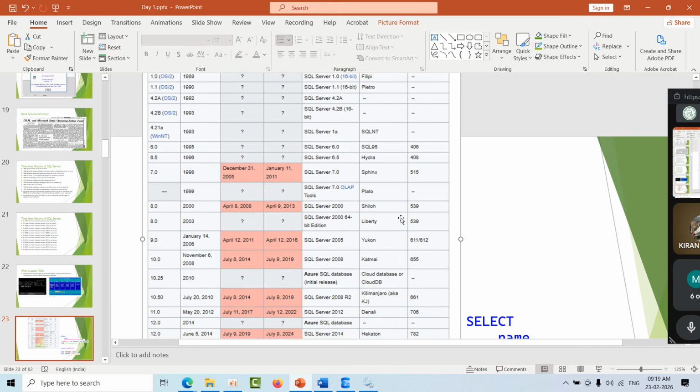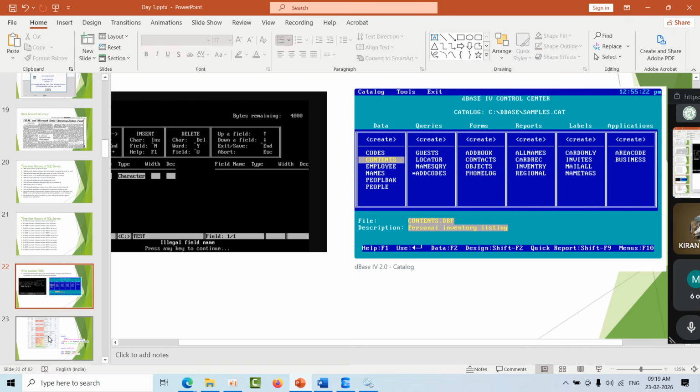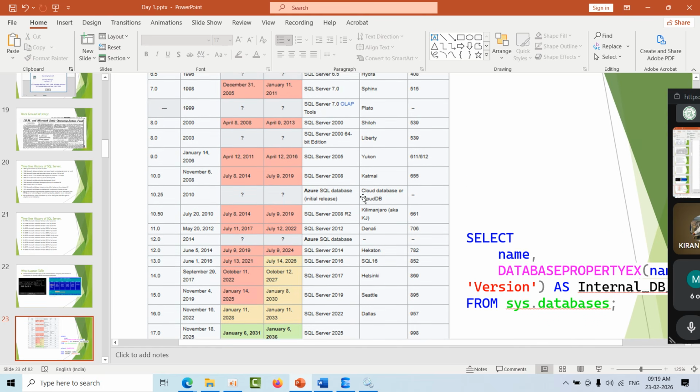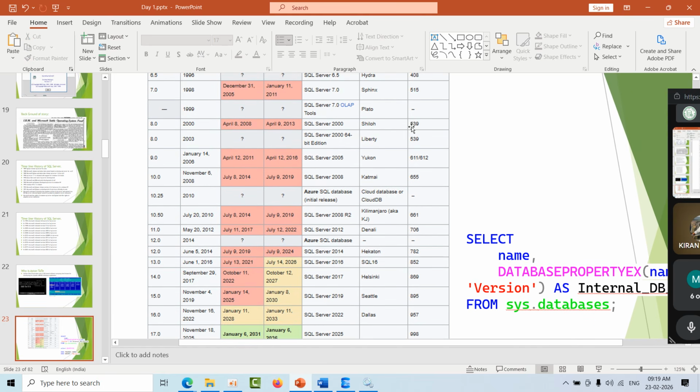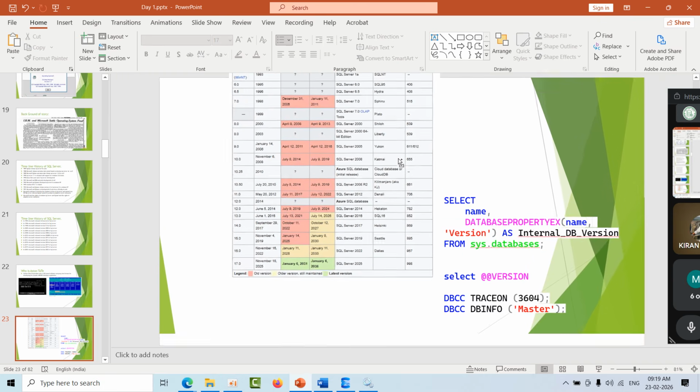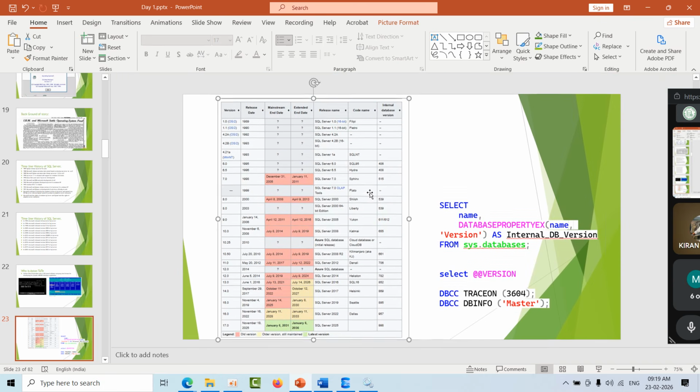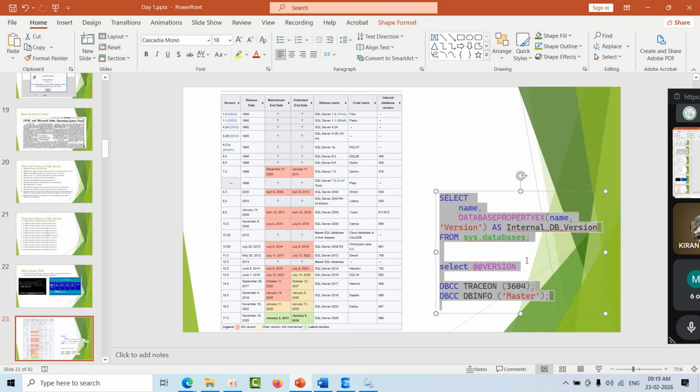Like that, every SQL Server database has internal database versions. These database versions will change from CU to CU levels as well. How can we check this? This is the command, the property.